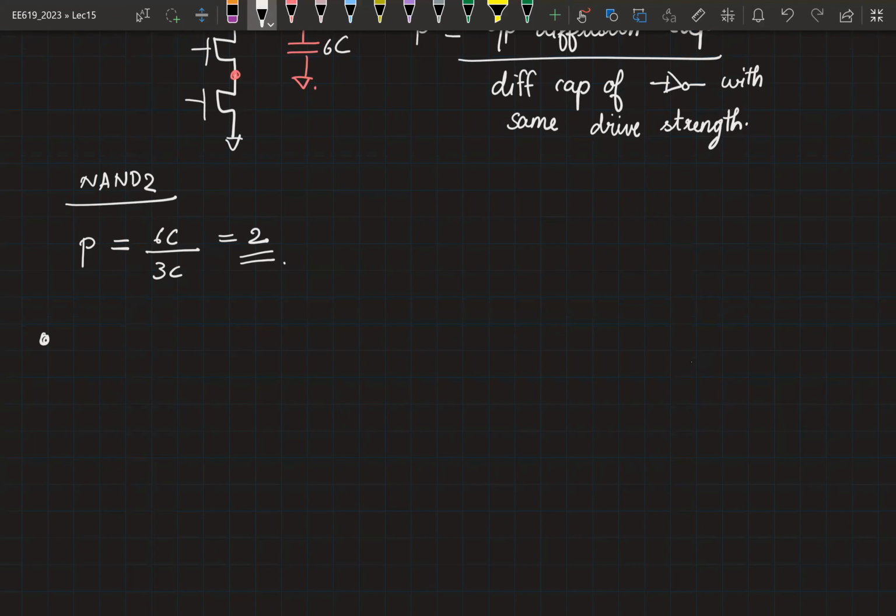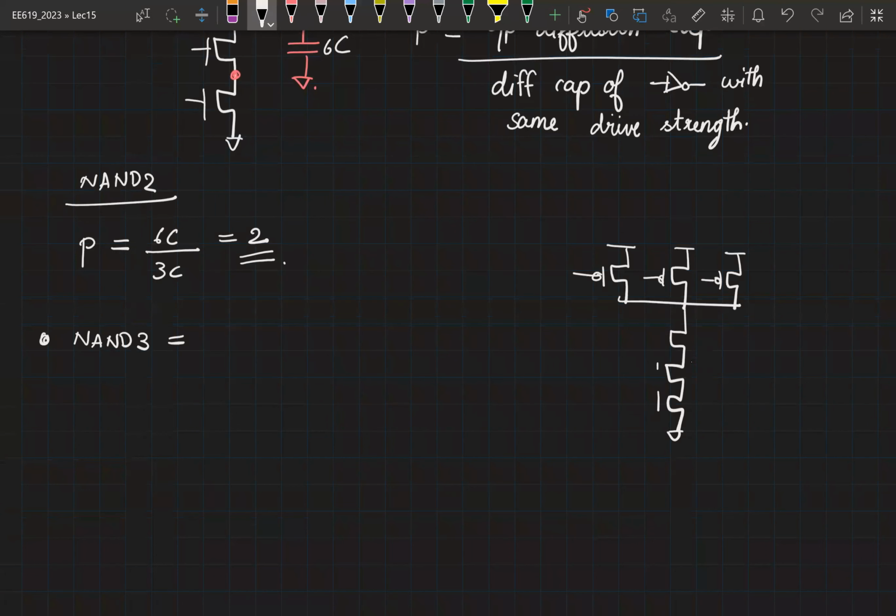Can you calculate it for NAND3? Let's check. What are the sizes?